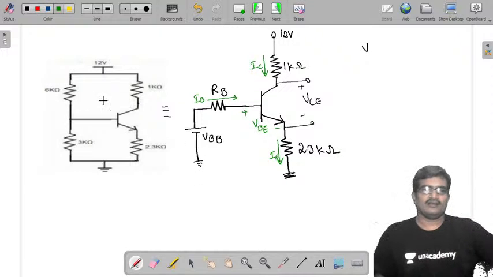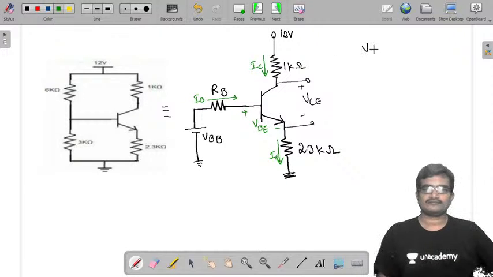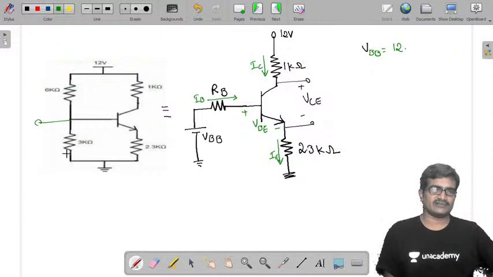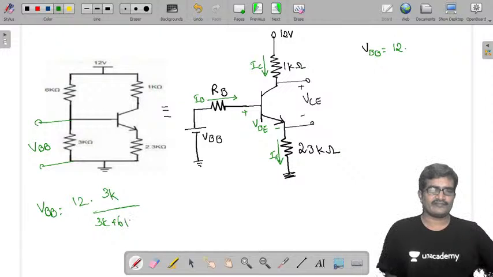Now VBB value is the voltage across this one, which is VBB, simply by voltage division. So VBB can be calculated by 12 into 3K by (3K plus 6K). Once it is 3 times, now it is 4.